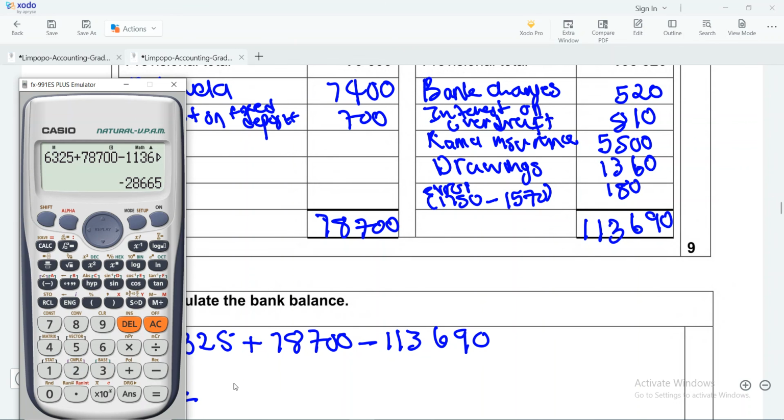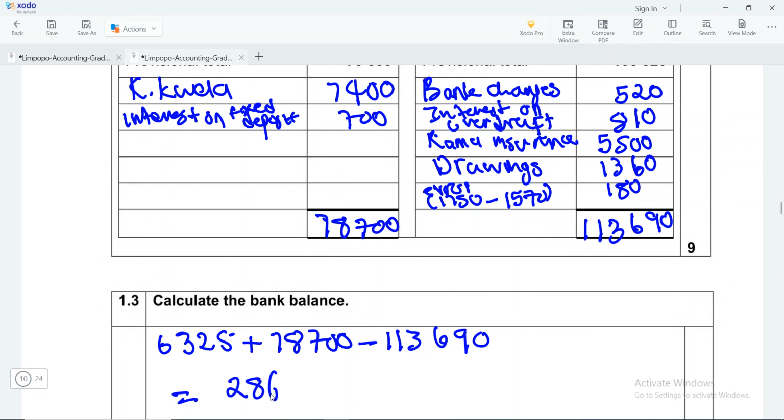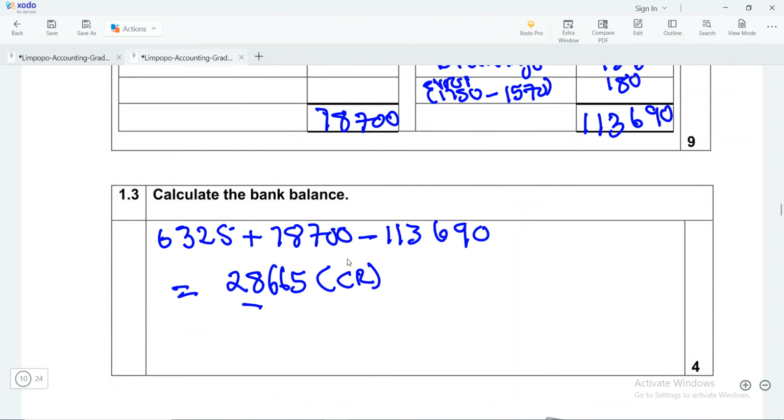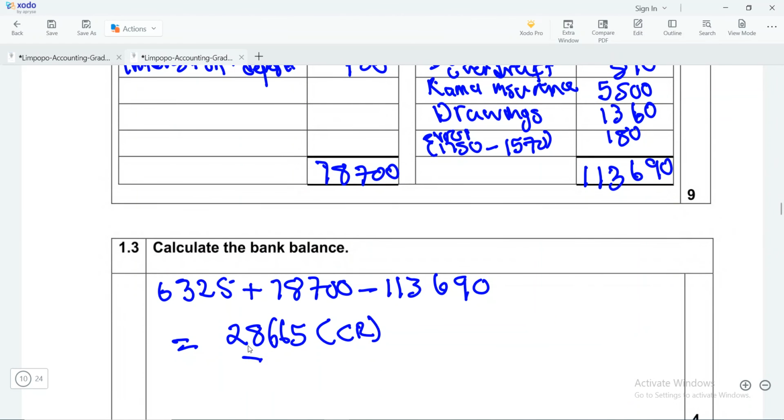So it's equals to 28,665, and you must indicate that it is a credit balance. Okay, so meaning that we have a negative balance, in other words. Okay, so the bank balance is on the credit side, so we'd have credit balance as per bank account. Okay, I hope that makes sense.